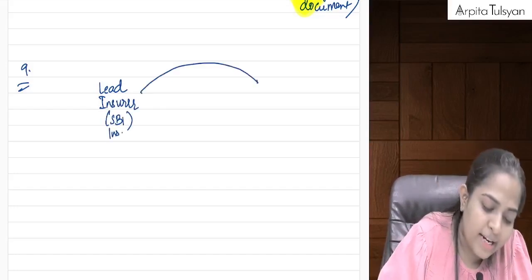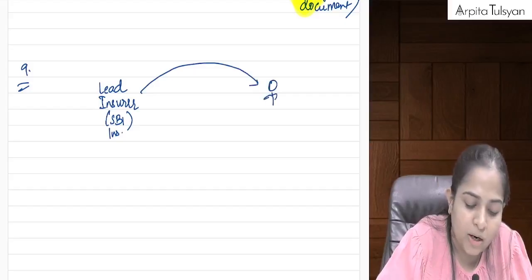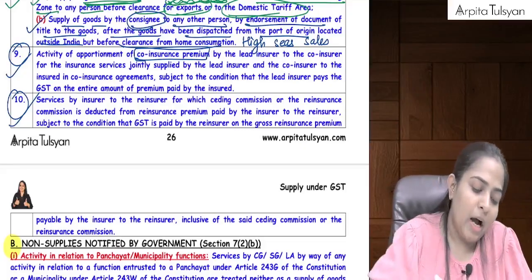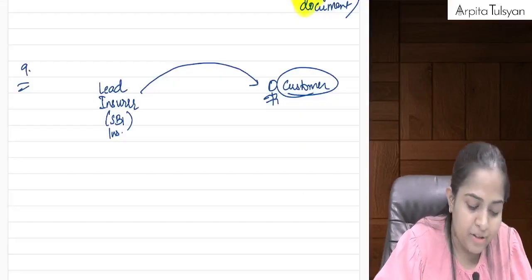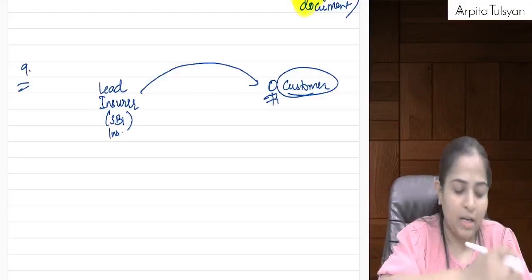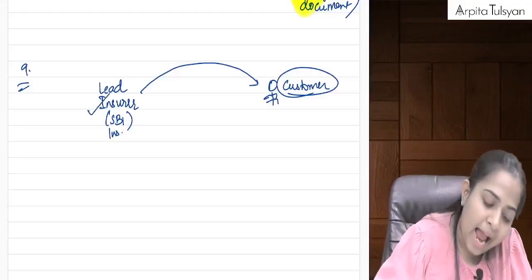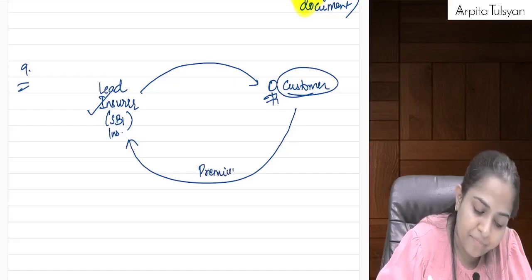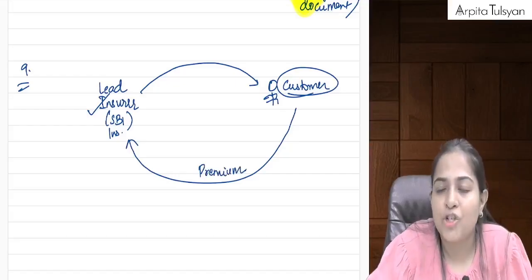It is providing insurance services to a customer. Basically, this customer would have taken a policy from the lead insurer, and this person is required to pay the premium to the lead insurer.